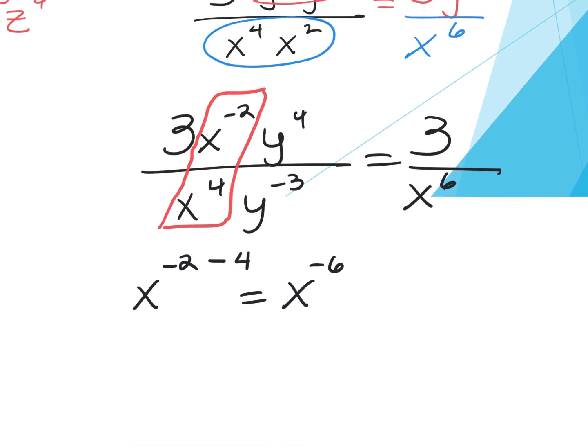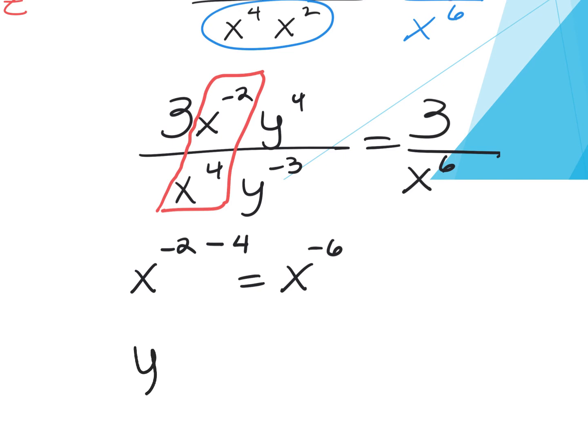Then I'm going to do the same thing for the y's. Y to the 4th minus negative 3. Keep, change, flip, this becomes 4 plus 3, and it's y to the 7th. Because the power is now positive, the y goes in the numerator. So because of keep, change, flip, does that mean that we should never have an answer with a negative exponent?